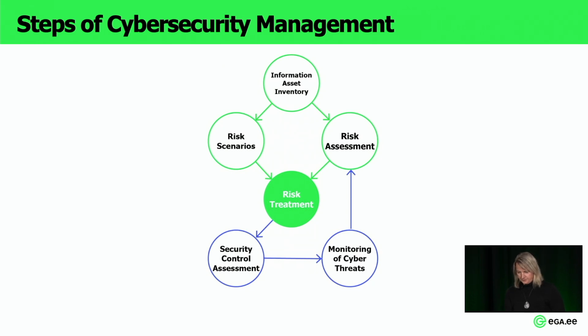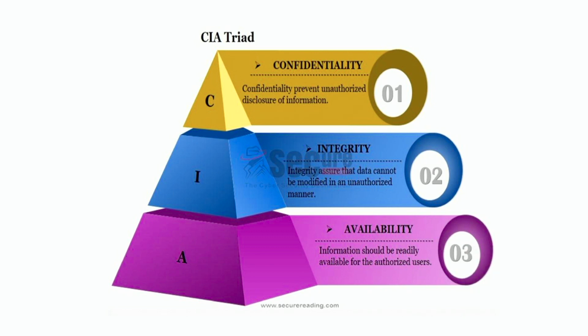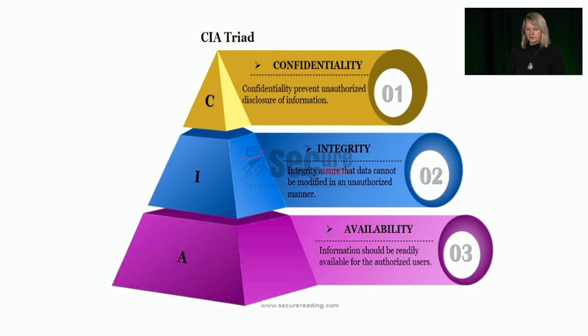So let's have a closer look at some definitions. When we talk about cybersecurity, what do we really mean by security? We mean that we have to protect the confidentiality of your data or IT system, but not only confidentiality. The integrity of your data is also really important to protect.